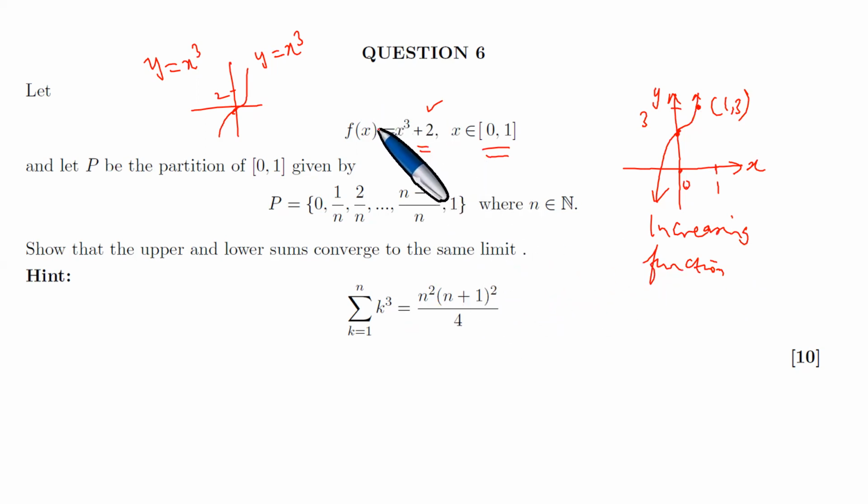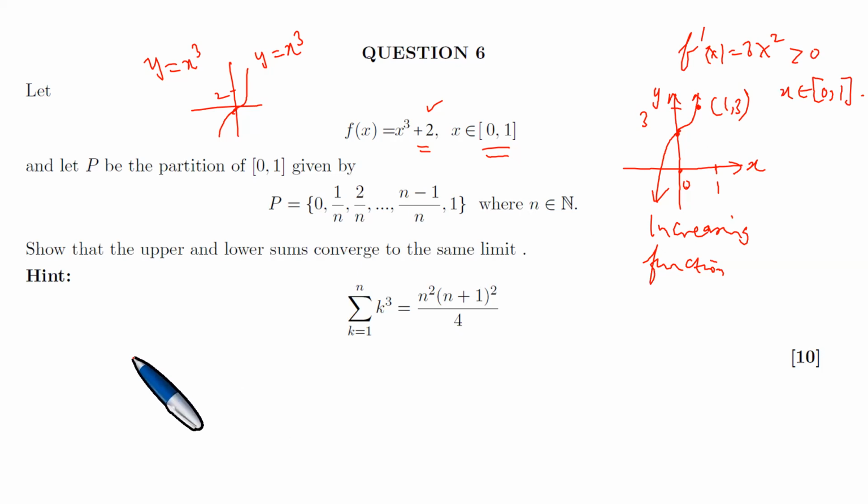You can use the derivative: the derivative of this is 3x squared, which is bigger than 0 when x is an element of the interval from 0 to 1. So let P be the partition of 0, 1 given by this.